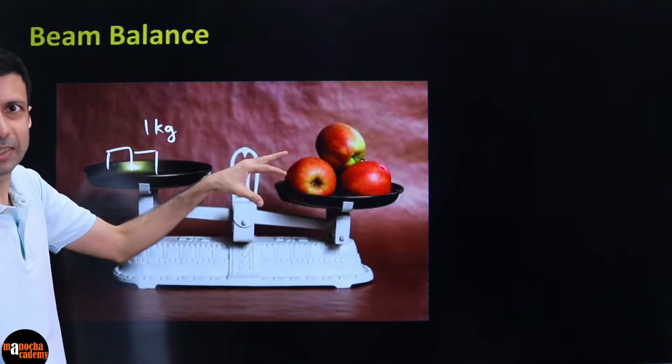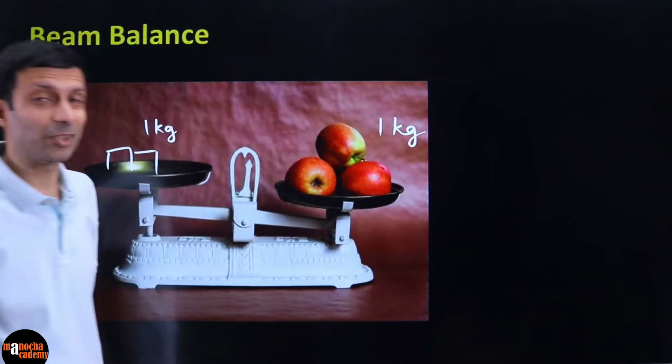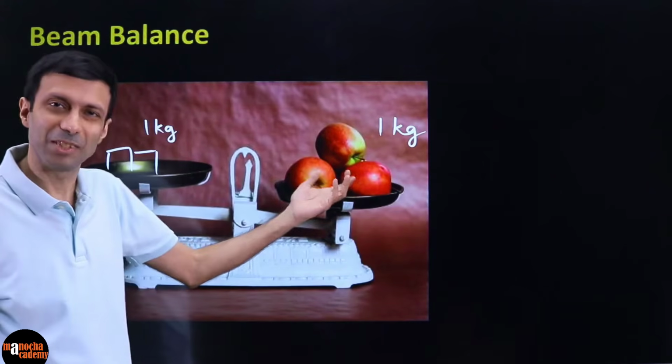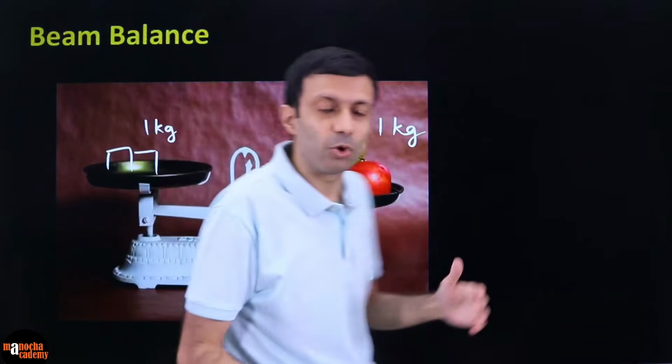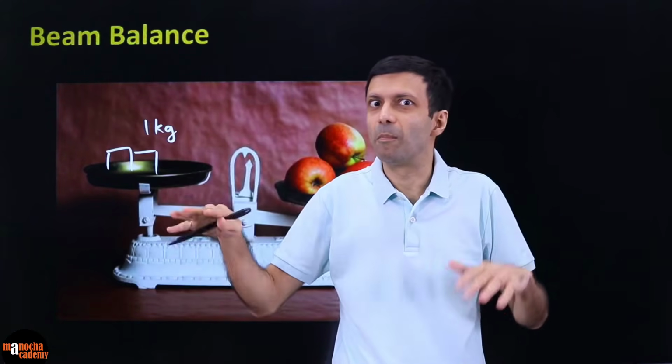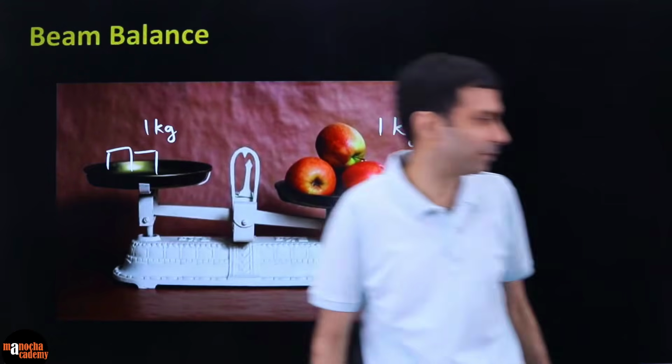So what is the weight of these apples? Or correctly speaking, in physics, the mass of these apples is 1 kg because it is now balanced. Similarly, we are going to be balancing masses in chemical equations, or the number of atoms.